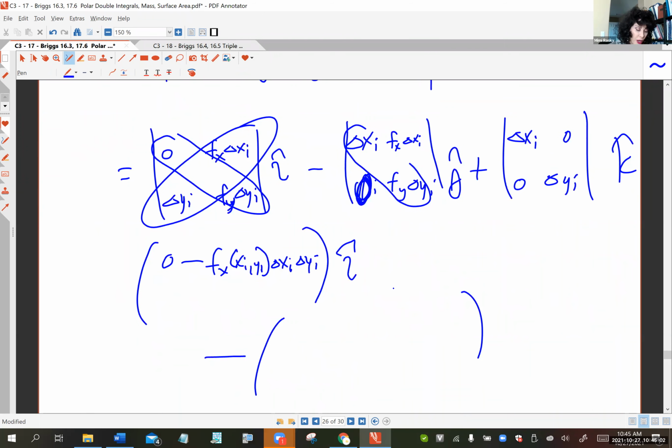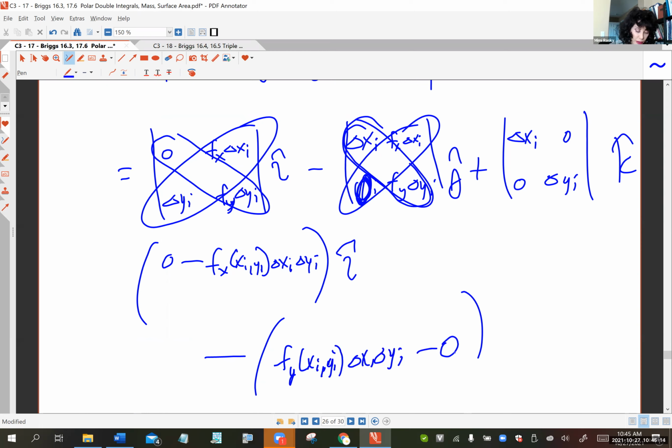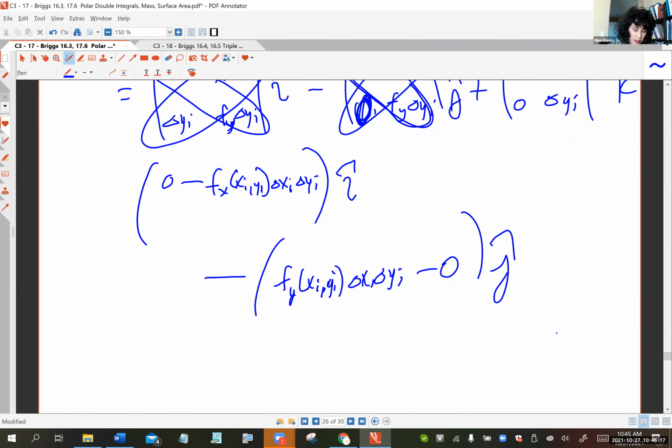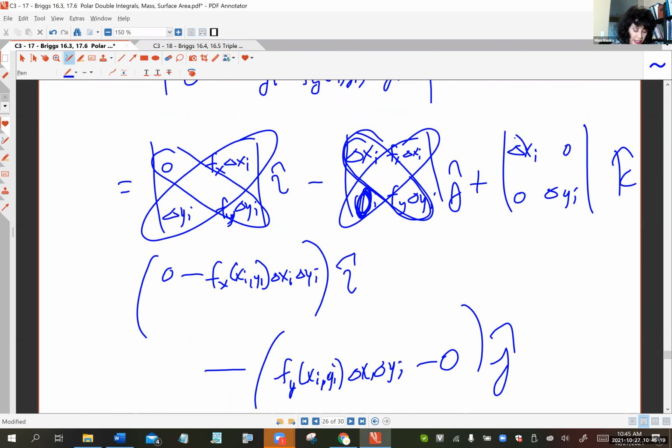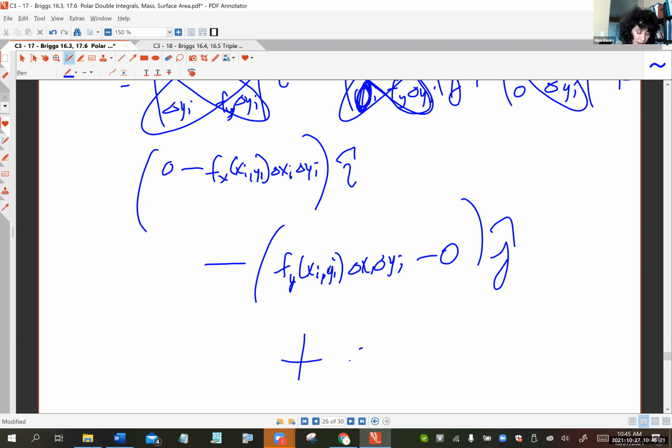Okay, so now when we do it, we're going to get this guy times this guy minus the minor diagonal, but that's 0. So you're going to end up with fy, x sub i, y sub i, delta x sub i, delta y sub i, minus 0, j hat, plus, and then the very last determinant, you've got delta x sub i, delta y sub i, minus 0, we won't even write it, times your k hat.